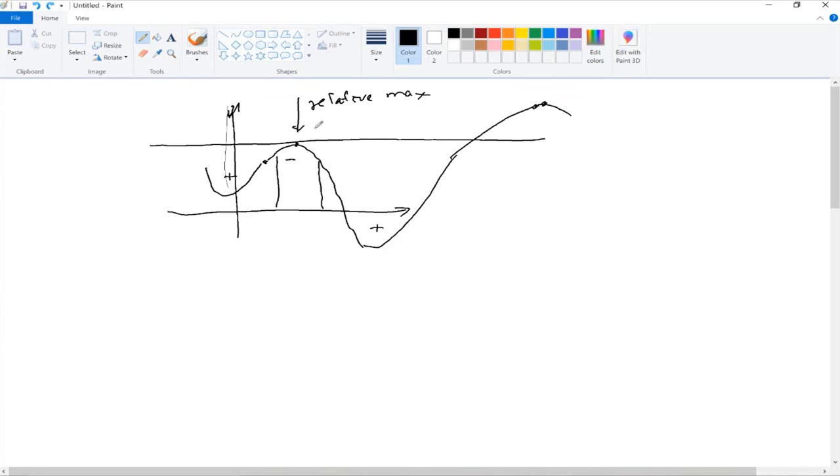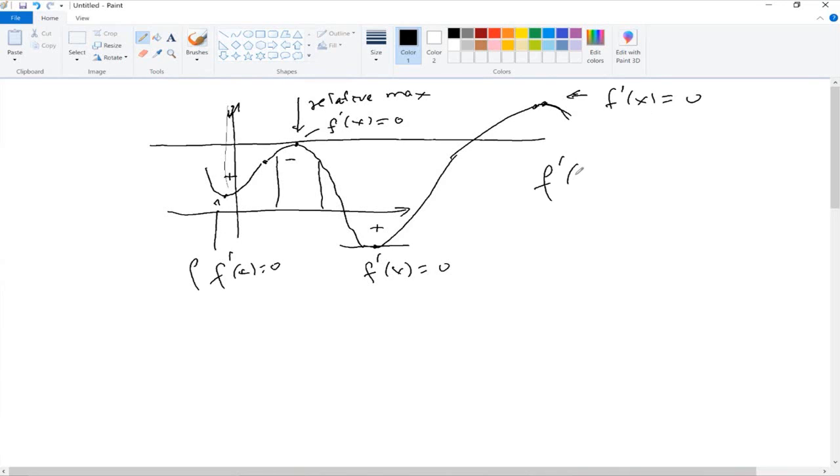neighborhood. In those places, f prime x gives 0, you know? The tangent is horizontal. If this is a relative maximum, if this is a relative minimum, whenever f prime x equals 0, x is known as a critical point. But when I say a critical point, I mean really xy.